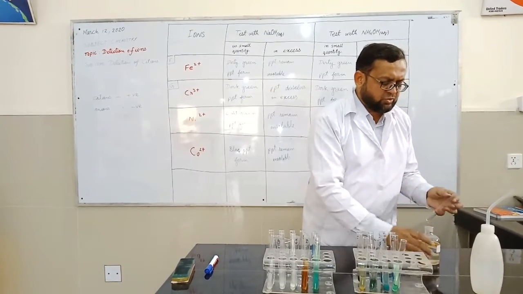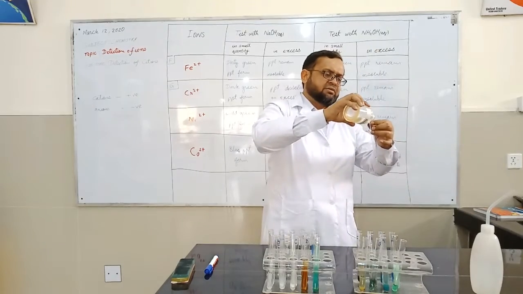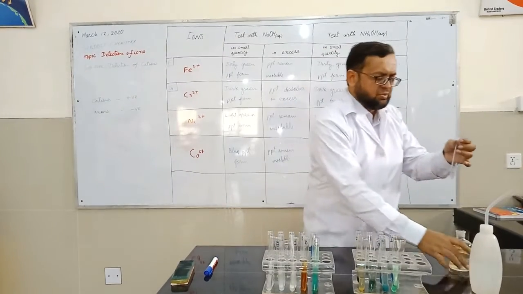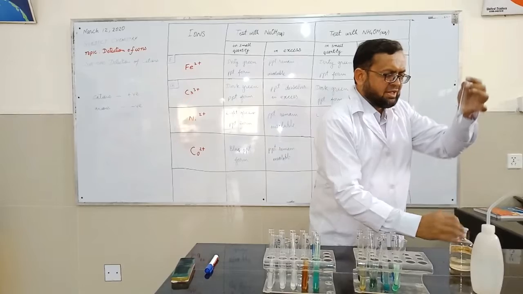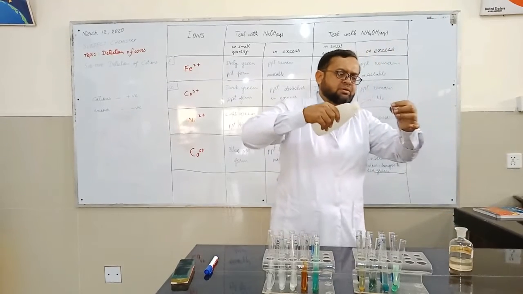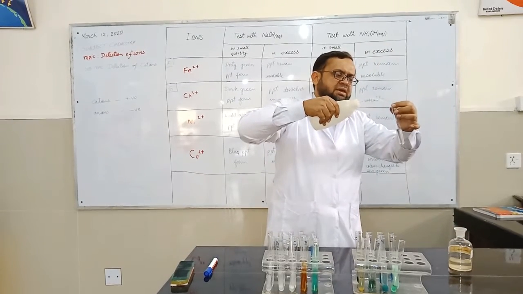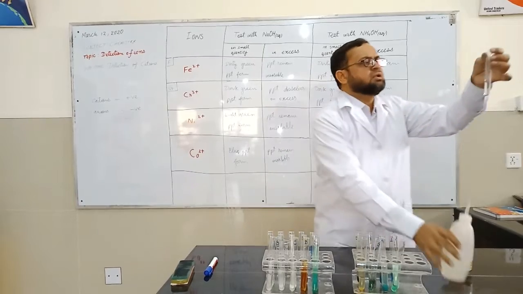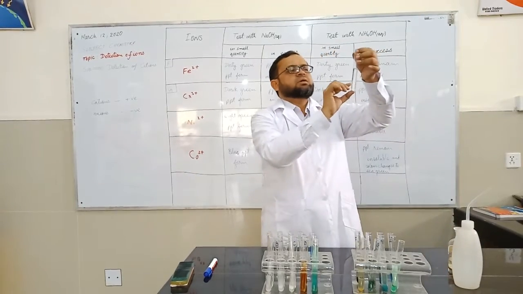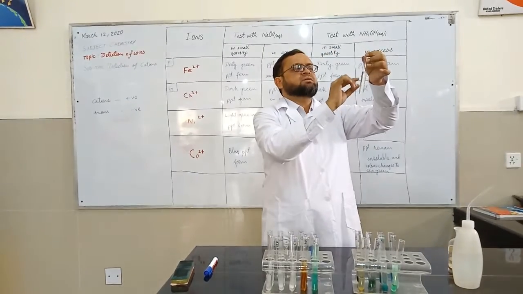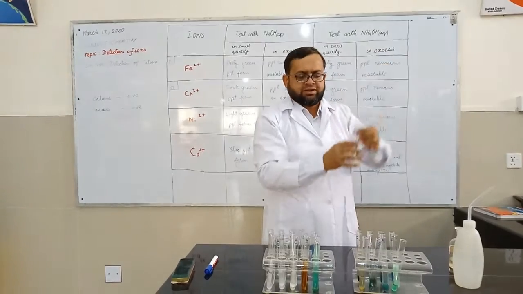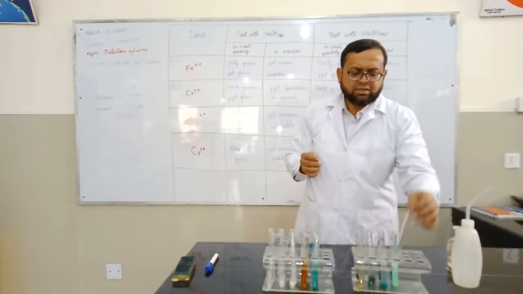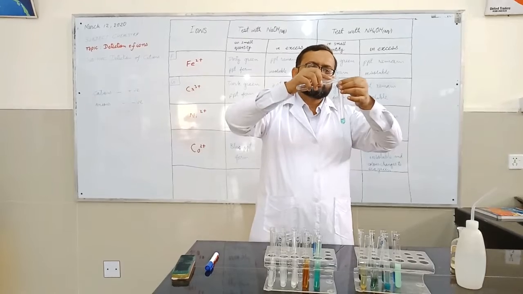Because I want to show you a different result with dilute ammonia solution. I am making it dilute: I have taken the solution and added double the quantity of water. Now it is a dilute solution, and see the result with the dilute solution.